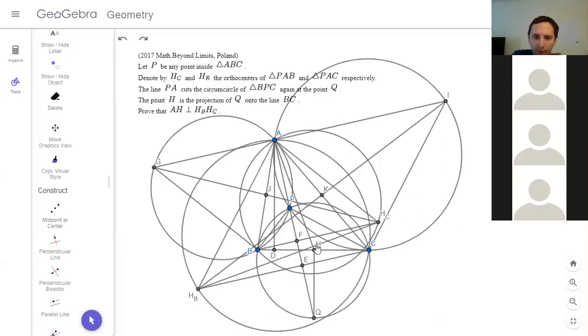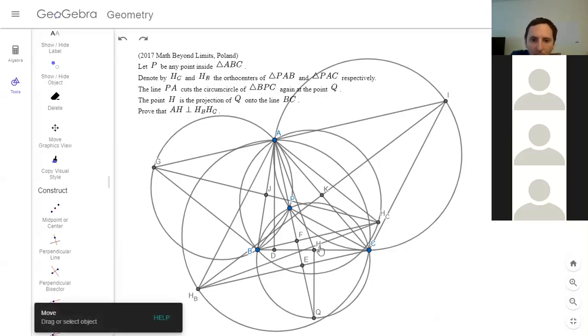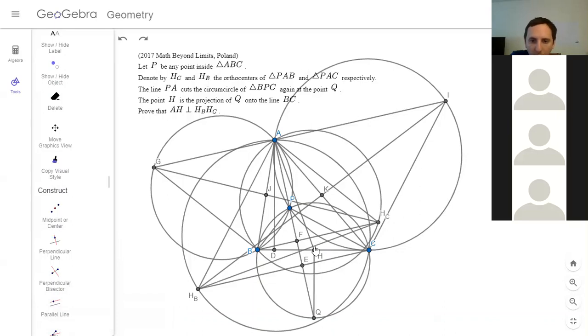Well, no, we'd have to draw the intersection point. We want to show that cyclic. If I draw this intersection point, I want to show that that's a cyclic quadrilateral. I wonder if I could show AHQ is similar to some.